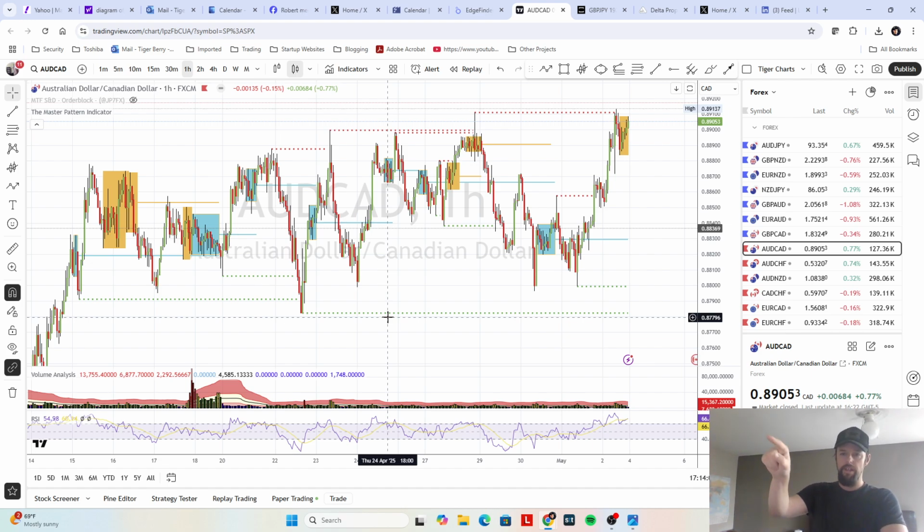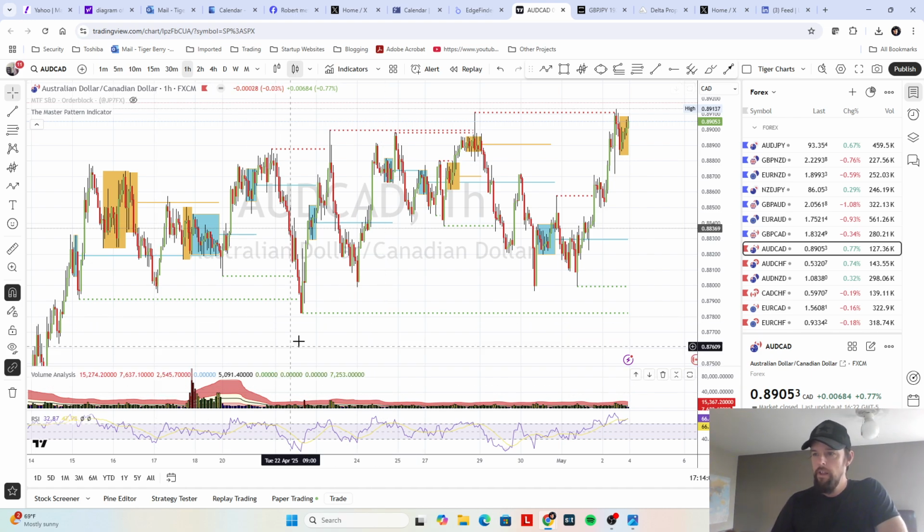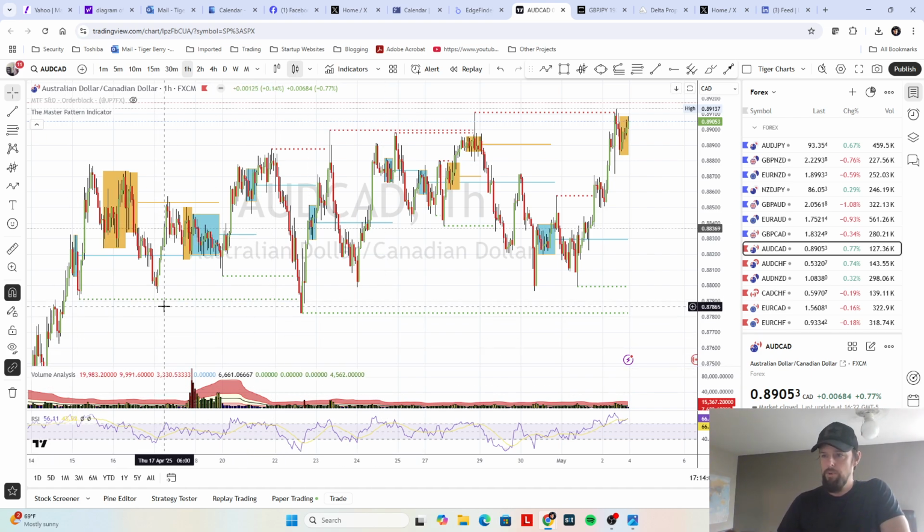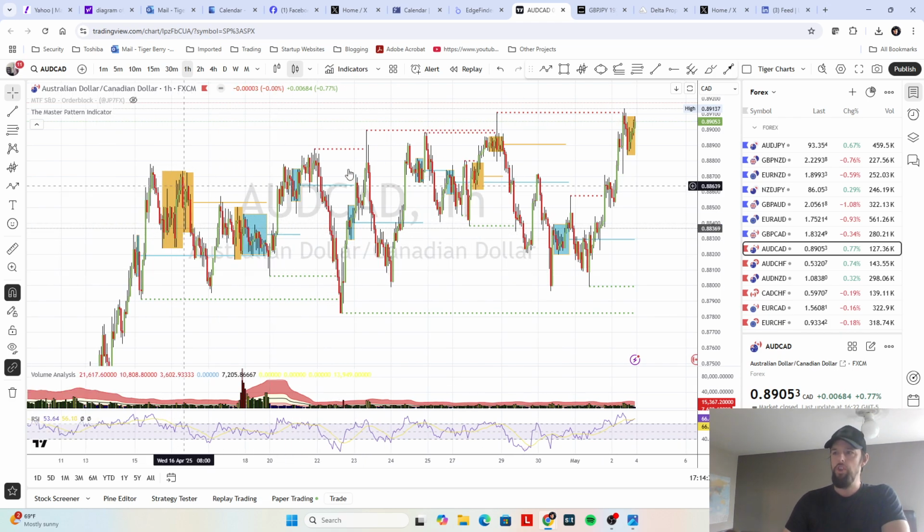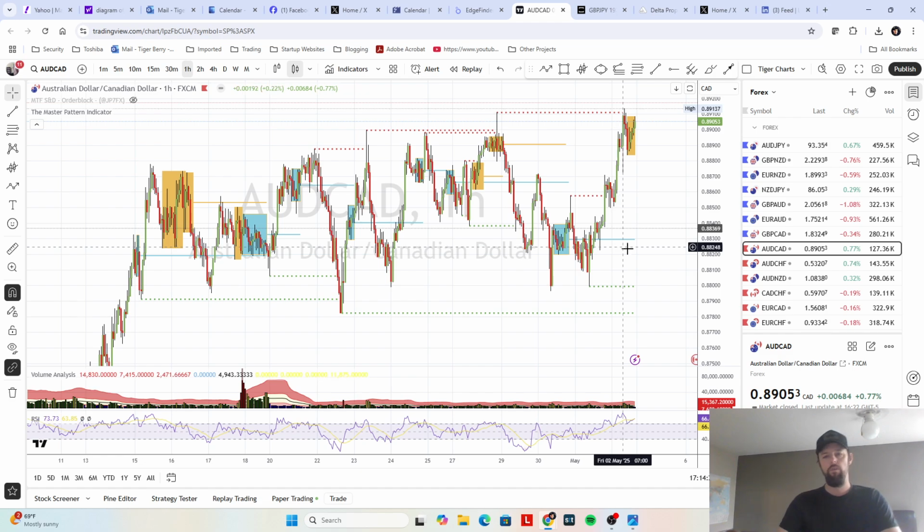So they've got to play this game of cat and mouse. They've got to send price down here to collect this liquidity. They got to send price up here to collect this liquidity, this liquidity, this liquidity. And then ultimately, once they've accumulated all the shares they want to accumulate within this overall daily contraction box, if we zoom back out, once they've accumulated all the shares they want, then they can place that final order to manipulate price and push it up.